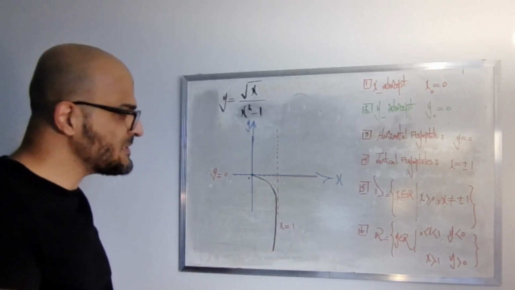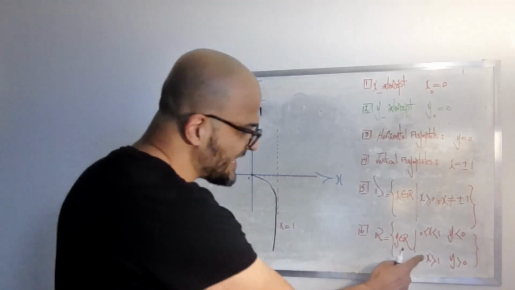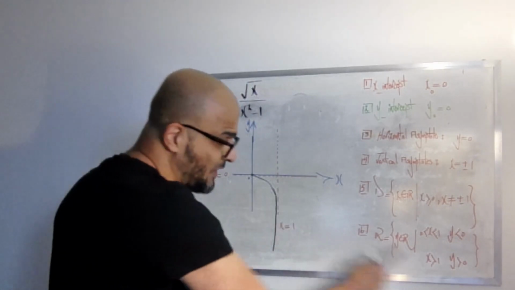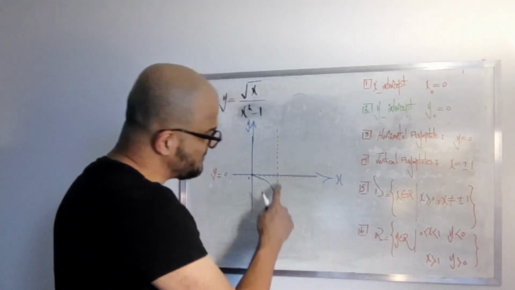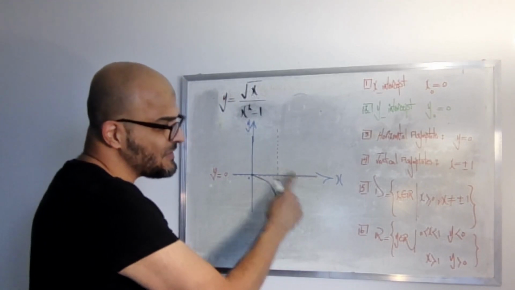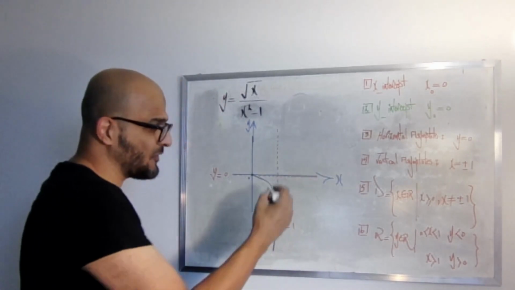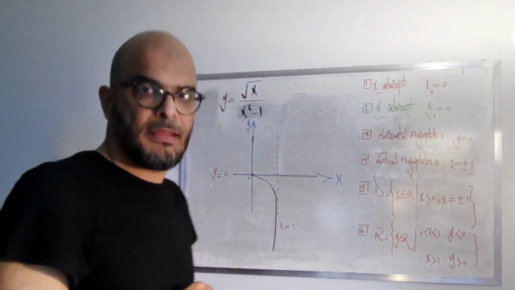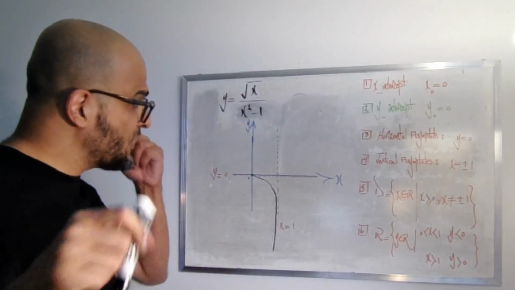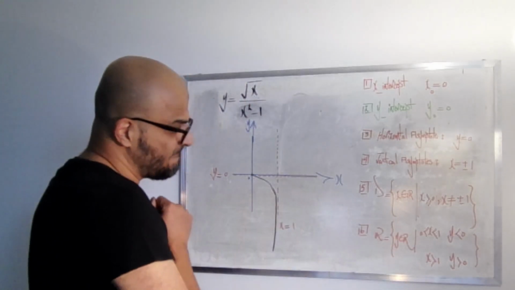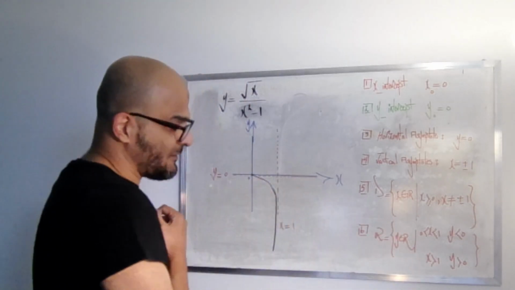But at the same time, we said that when x becomes bigger than 1, when we decided on the range definition, x bigger than 1 means that you are standing over there, and y becomes positive. But how does it become positive? Also, you saw that when x is bigger than 1, y becomes positive.